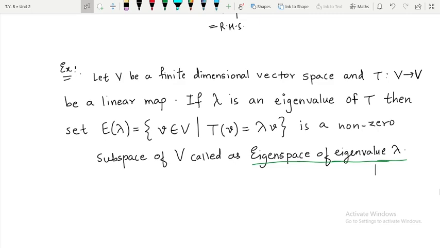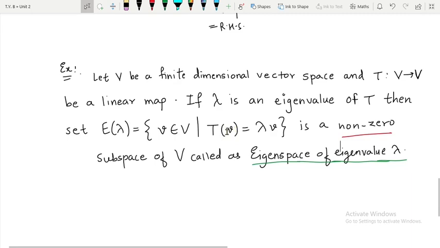So we combine all the eigenvectors, put them in one set, and we call it the eigenspace. Now this example is for homework, so just show that it is a subspace of V, because we have seen many examples of subspaces till now. I would only like to make clear why it is a non-zero subspace. Your subspace may be zero also, in the sense that it may have only one vector, that is the zero vector. Over here it is guaranteed to be a non-zero subspace. Non-zero subspace means it will have a non-zero vector, and the answer is that since lambda is an eigenvalue, you know the eigenvector is always non-zero, right?